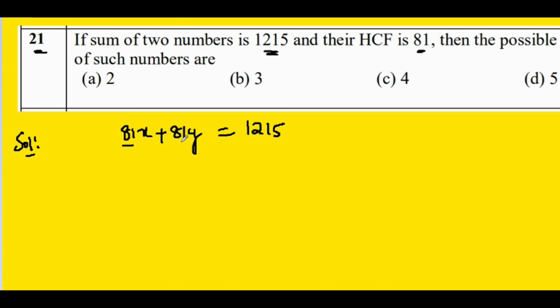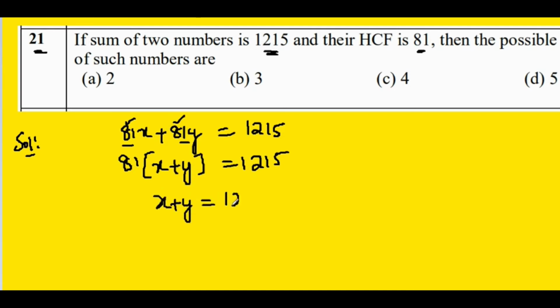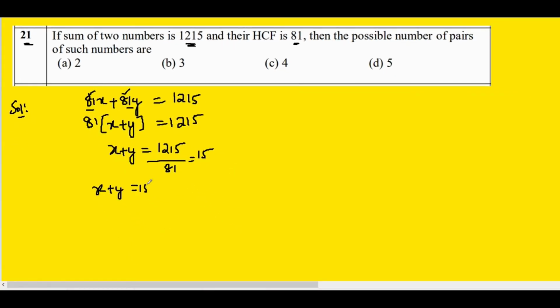Why 81x and 81y? Because HCF is 81, so both numbers should be multiples of 81. So we take 81 as common here: 81 into x plus y is equal to 1215. So x plus y is equal to 1215 divided by 81, which is nothing but 15. So we got x plus y value as 15.